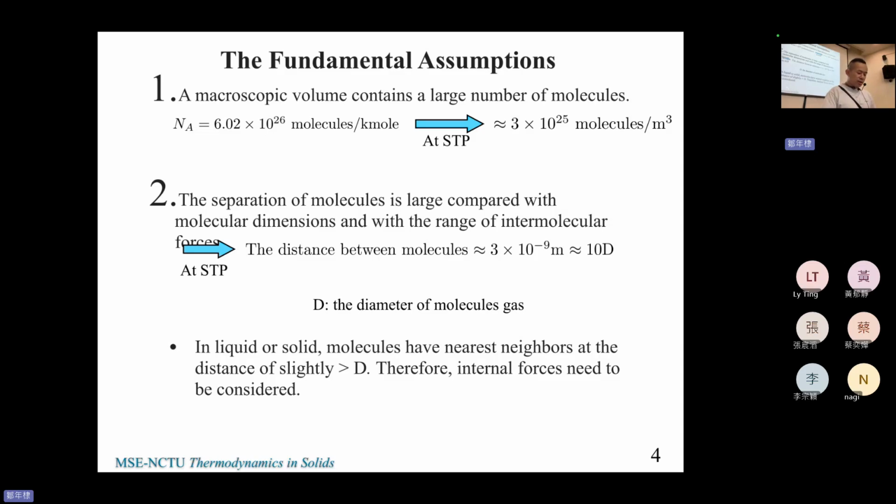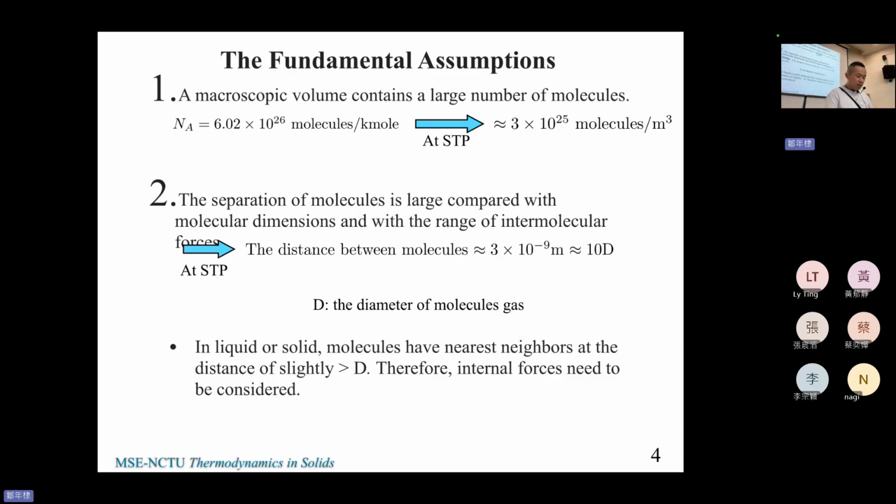All this knowledge is from the 19th century, when they didn't have computers, so they needed to calculate by hand. Because they are dealing with a really big number of molecules, they need some assumptions to simplify the calculation. That's what we are trying to do here.